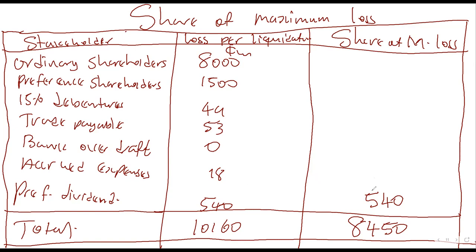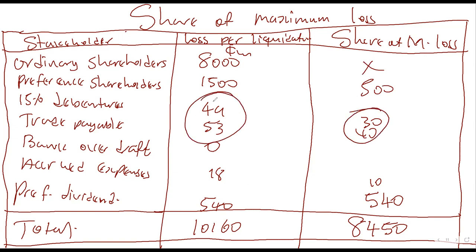Someone can decide to bring 10 cedi here, 40 here, 30 here, at least 500 here, and the rest comes here. It is your discretion. As long as the figures over here are not more than the figures over here, you are right. And as long as the ordinary shareholders are bearing the highest loss, feeling the most heat, you are free to go. That's the rule.